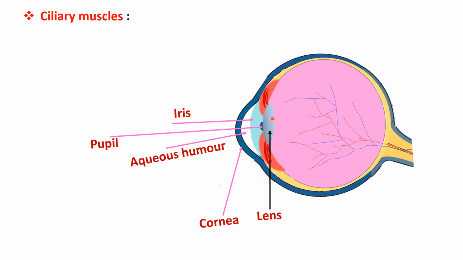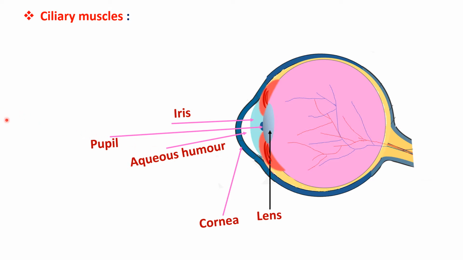That means its curvature will become more, not radius of curvature, its curvature will become more. So when the curvature of the lens becomes more, its focal length becomes less, isn't it? That means in seeing nearby objects, the ciliary muscles tense automatically, thereby increasing the curvature of the lens, shortening the focal length.